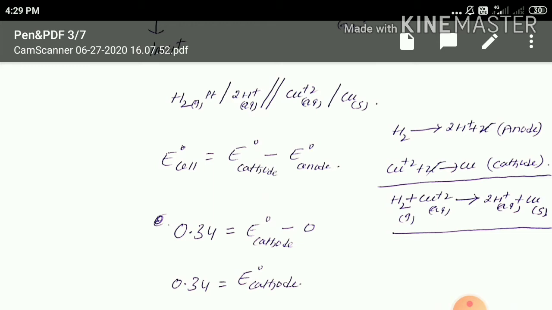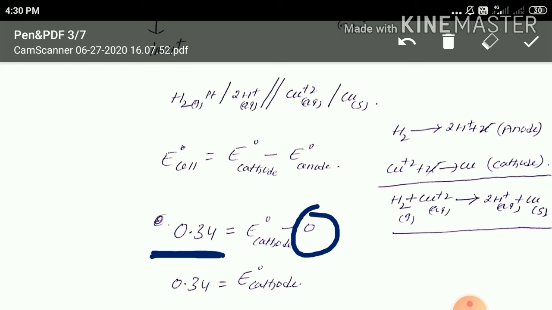That EMF value of the cell is equal to 0.34, and I already know the hydrogen electrode potential value is 0. Now what is the standard reduction potential value of copper?